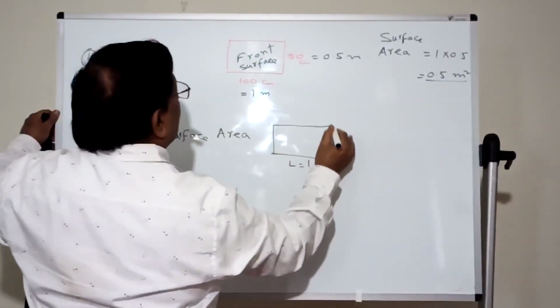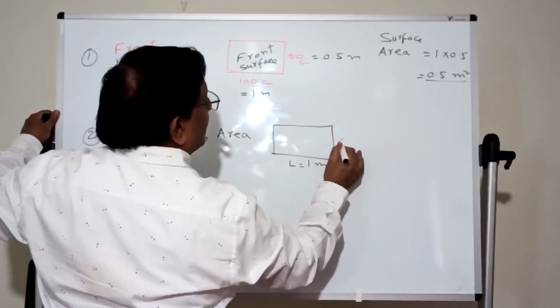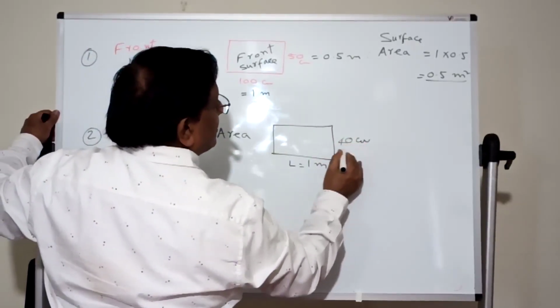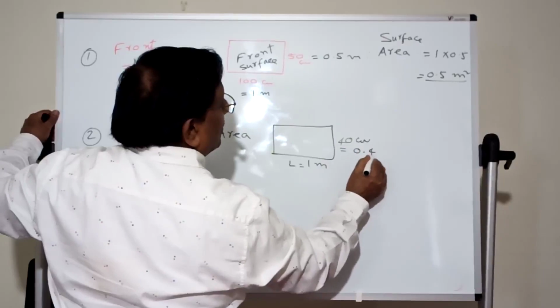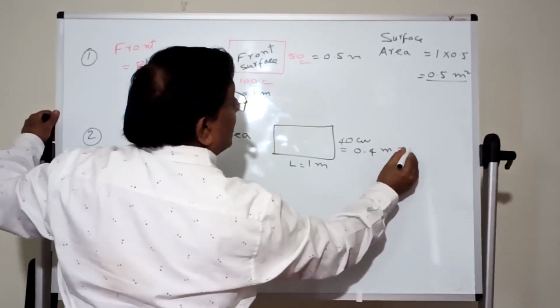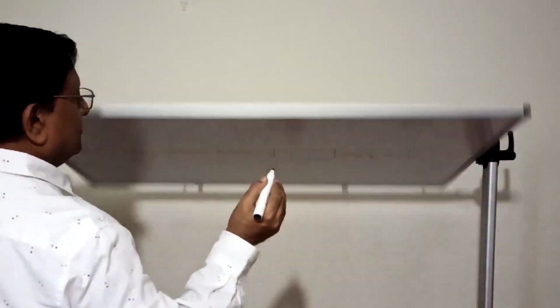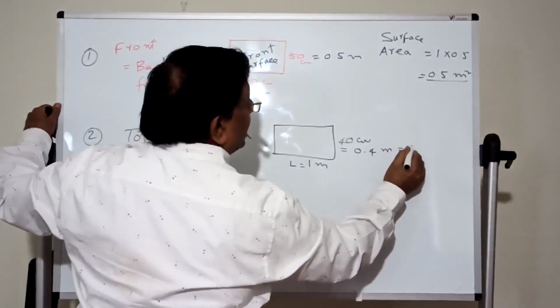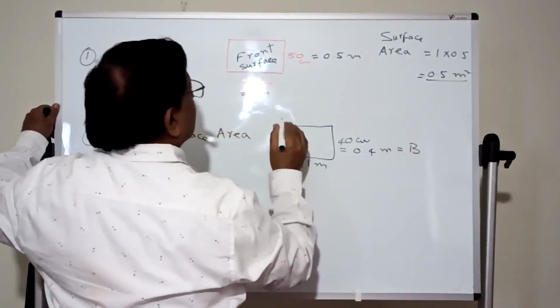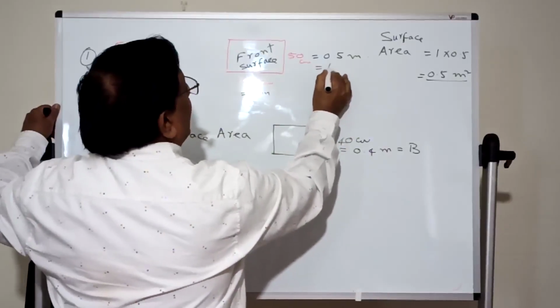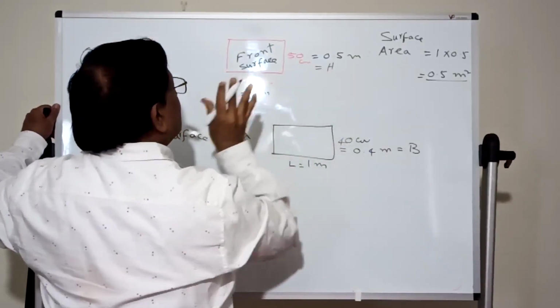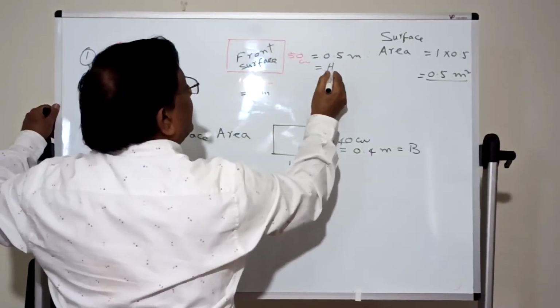100 by 40. 40 centimeters means it is 0.4 meters. This 40 is the B, breadth or width, and this is length, and in this case this is height. Front always shows the length and height, elevation.